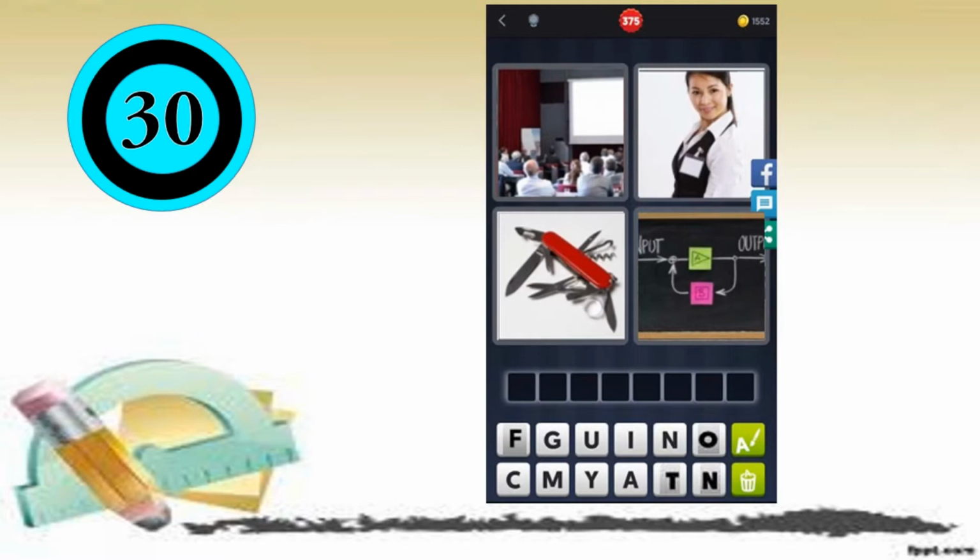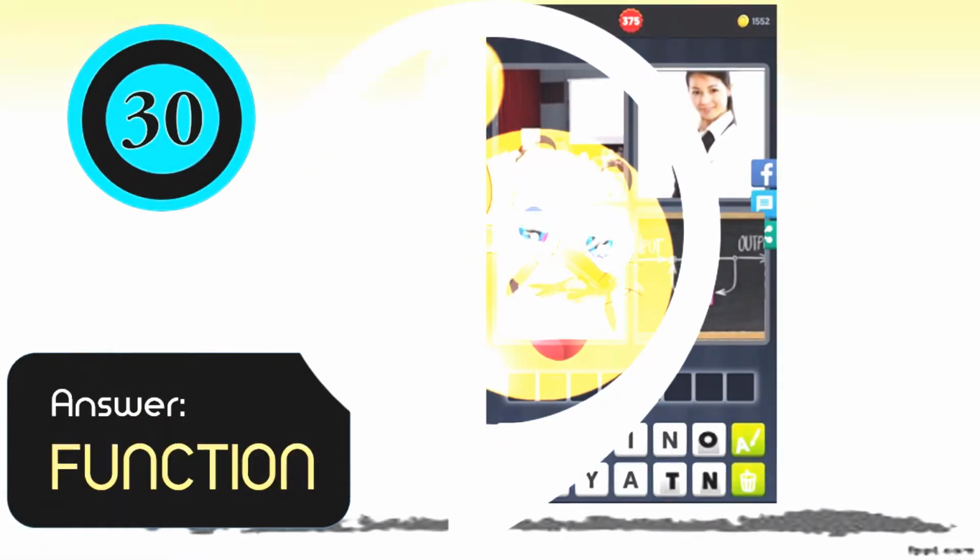Time's up! Very good! Our answer for today for this question is function. Good job!